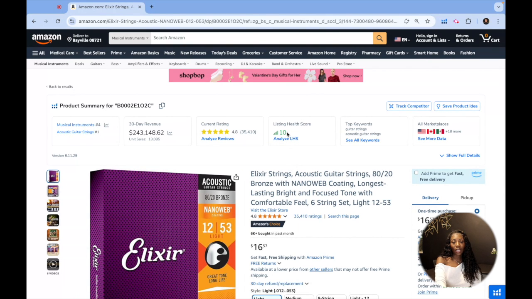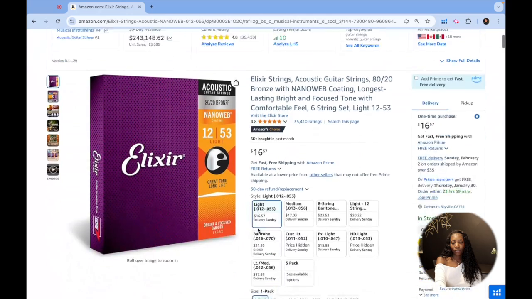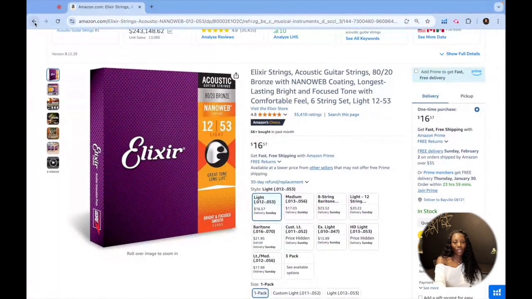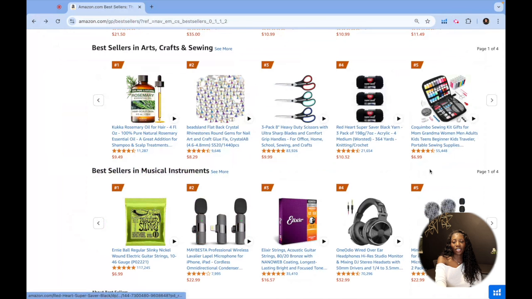We can see that the listing health score is at 10, so they're doing everything right with this listing. The top keywords are guitar strings and acoustic guitar strings, and that is what we can see here. I would never think to sell guitar strings. It's kind of random, but at the same time, you have to think that there are a lot of people who own a guitar, a lot of people who play the guitar for fun, and sometimes they need a replacement of the strings.